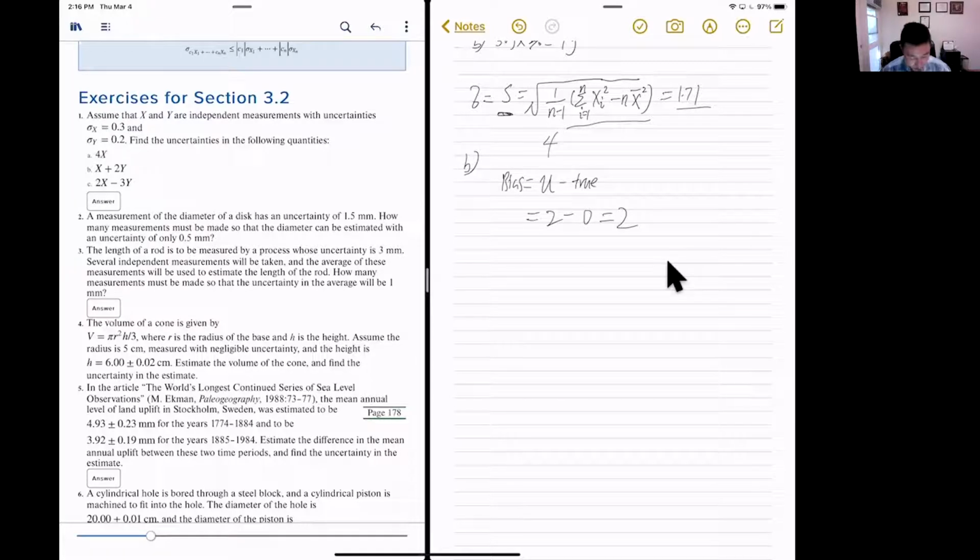How many measurements must be made so that the diameter can be estimated with uncertainty of only 0.5 millimeter?